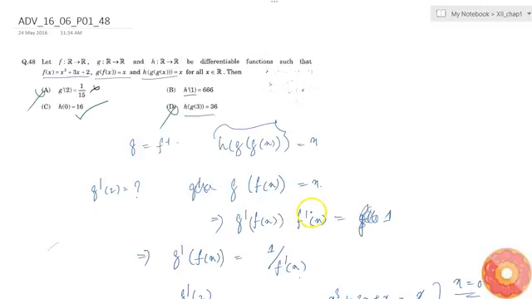And option B says it is equal to 666, so this is right. So the answer is B and C.